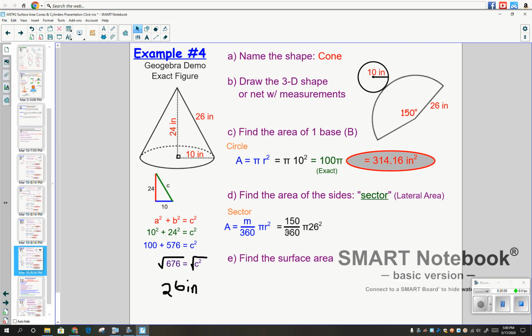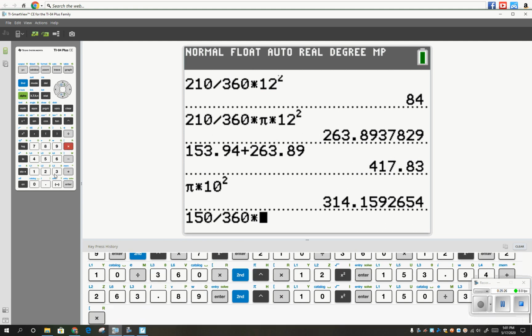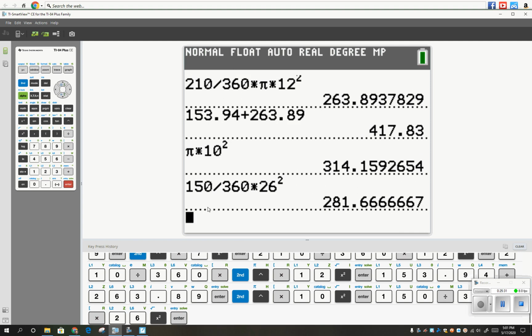If I multiply just the numbers together minus the pi, the exact would be 281 and 2/3 pi. Okay, it doesn't come out to be a nice decimal. But if I do that without the pi, so 150 divided by 360 times 26 squared gives me 281.66 repeating, which is 2/3.